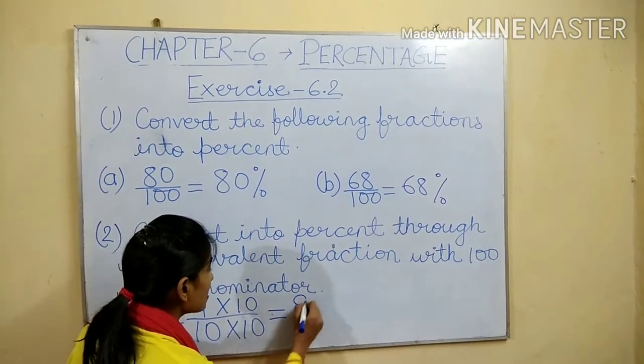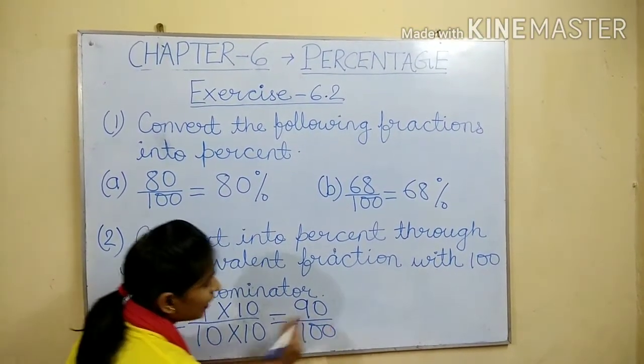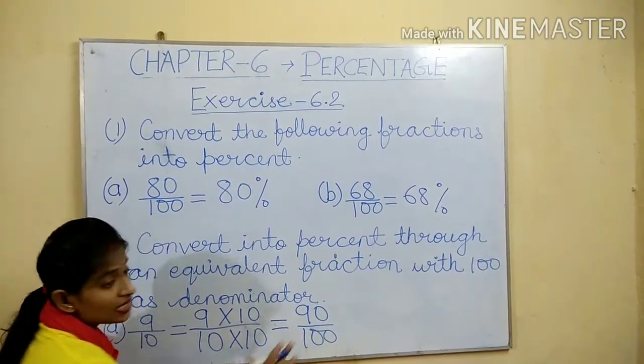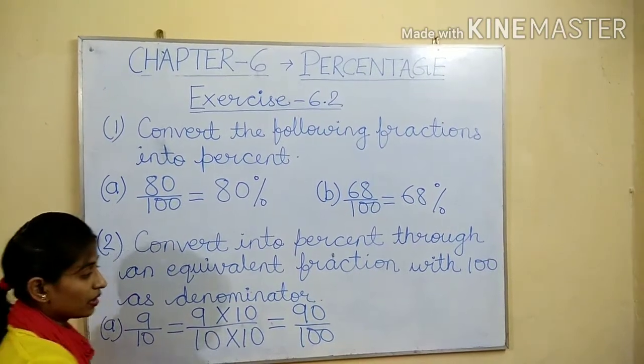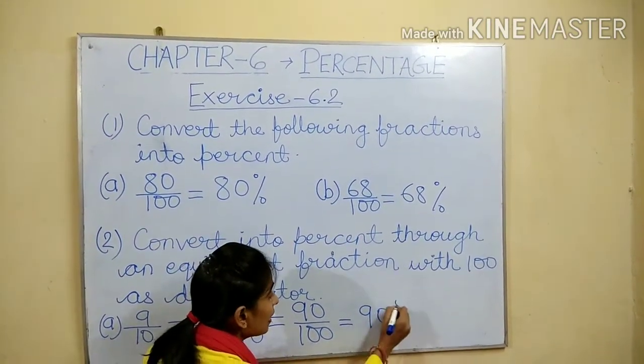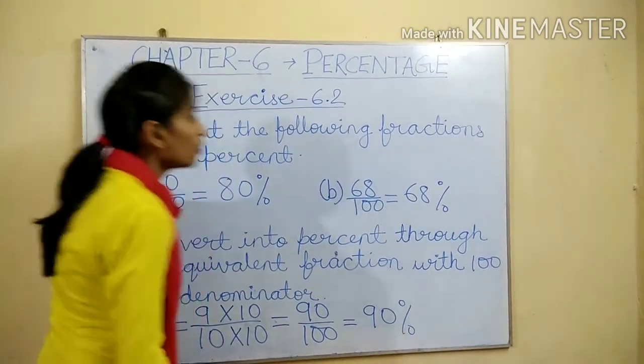So 9 tens are 90 and 10 tens are 100. Now here we have got a fraction with denominator 100. So 90 by 100 means 90%. Okay.